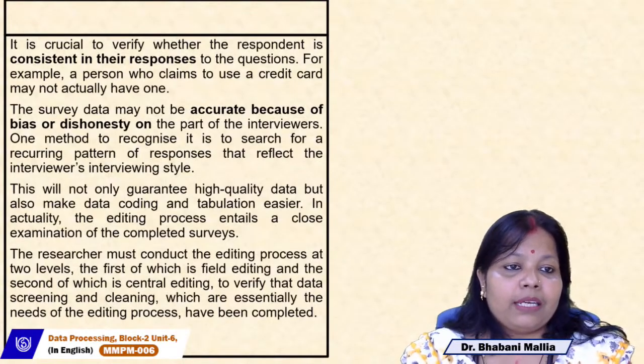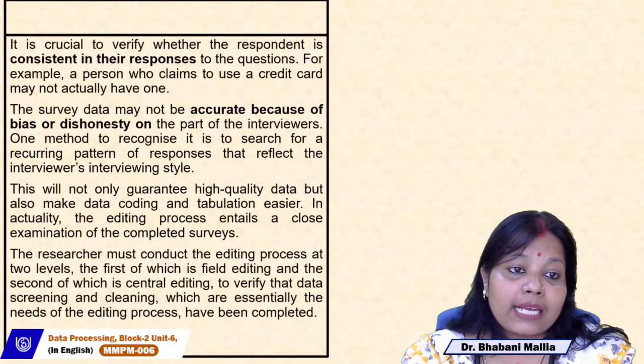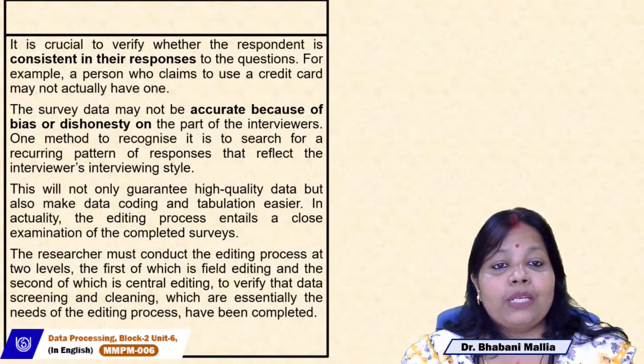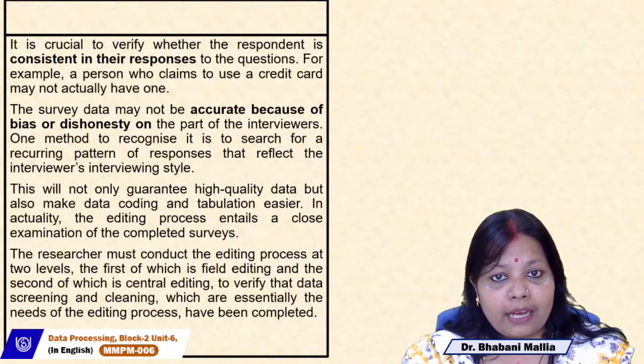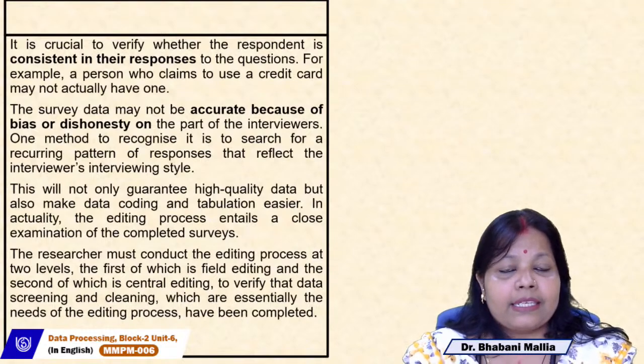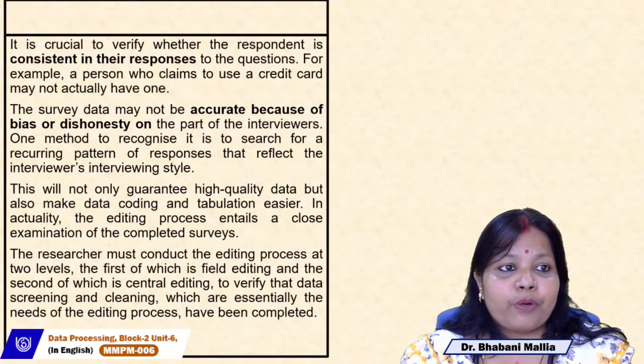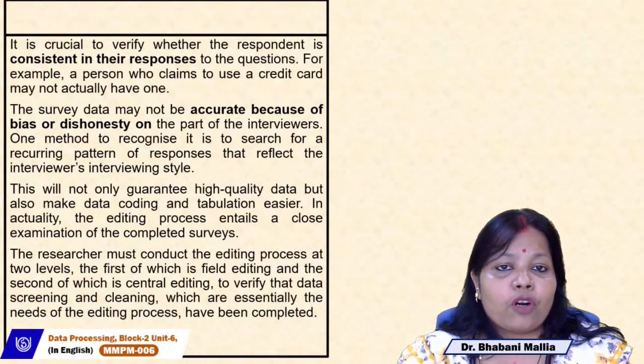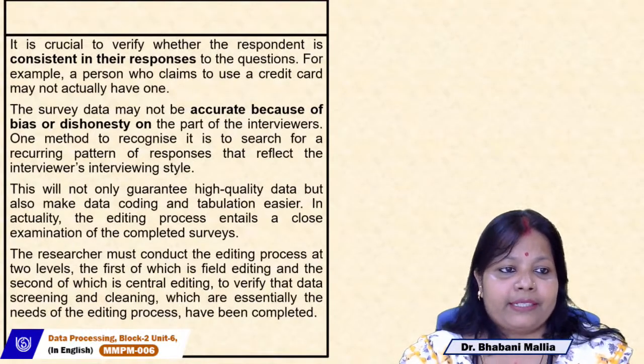For example, a person who claims to use a credit card may not actually have one. It means we need to verify whether the responses we collect from the respondent are consistent or not.